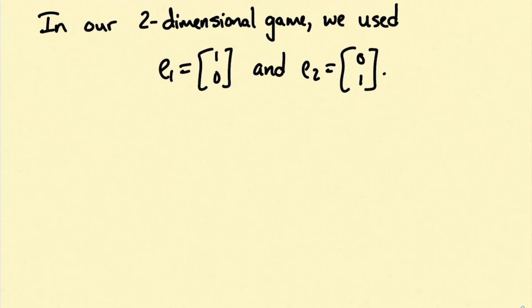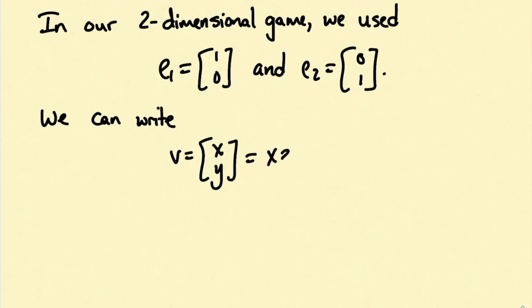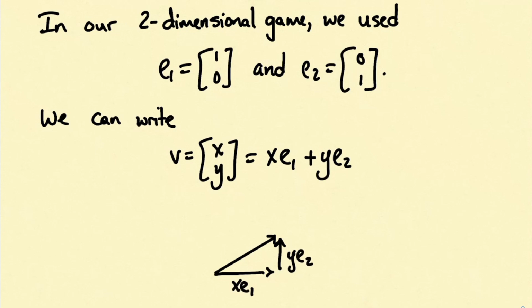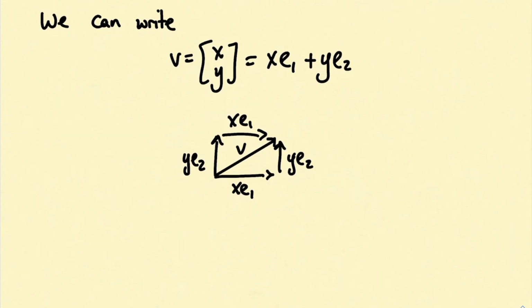So starting from the origin, to locate the tip of the vector v, whose x-coordinate is x and y-coordinate is y, which we can express as x times E1 plus y times E2, we made rectangular moves through R2 using the weights x and y, identifying the number of horizontal steps and vertical steps, respectively, that we needed to take to locate that point.